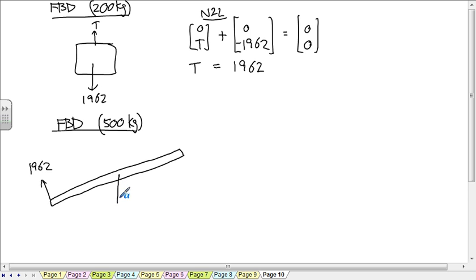We have a downward force of 4905. And we have an unknown force vector. I'll call that R, and then a couple, I'll call that MR, like the reaction moment. Now I'm going to set up the table.